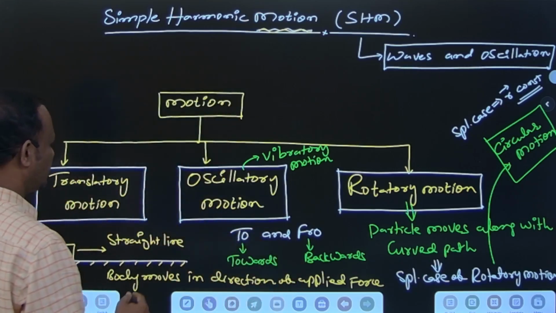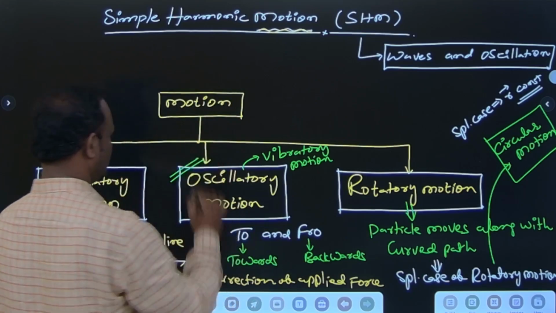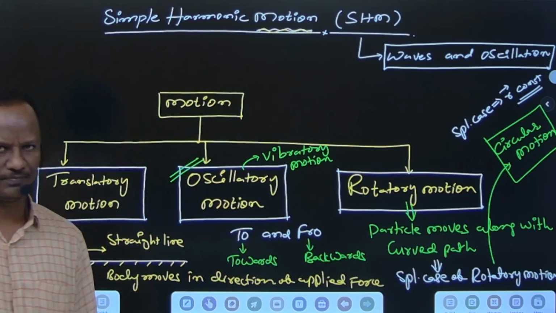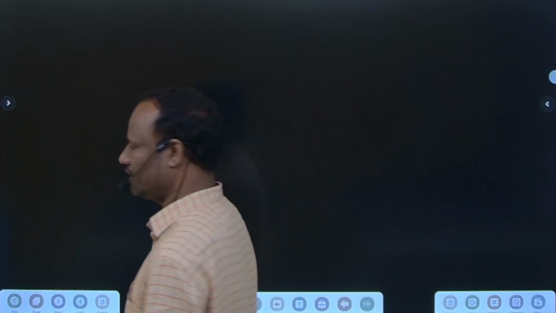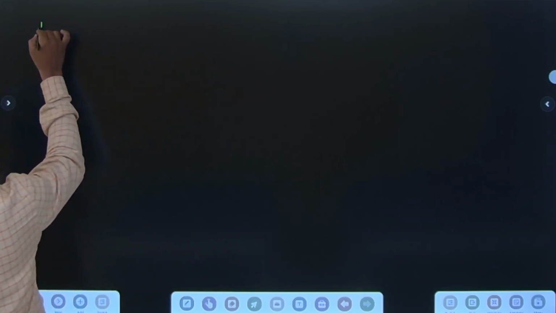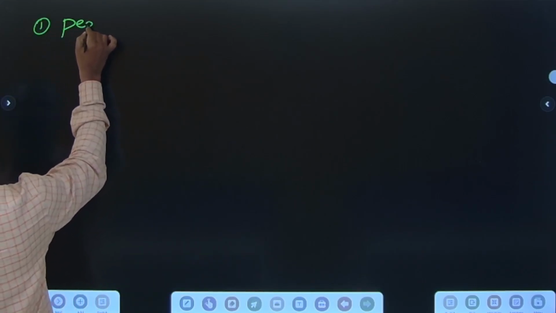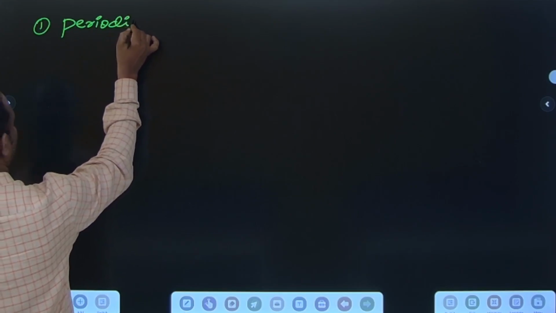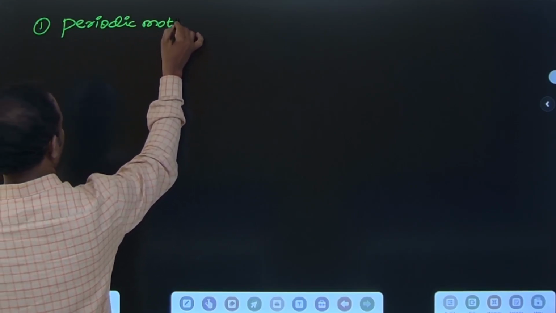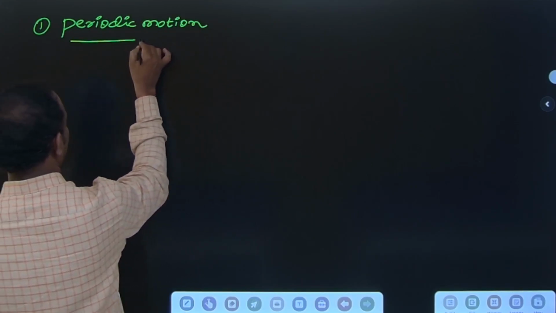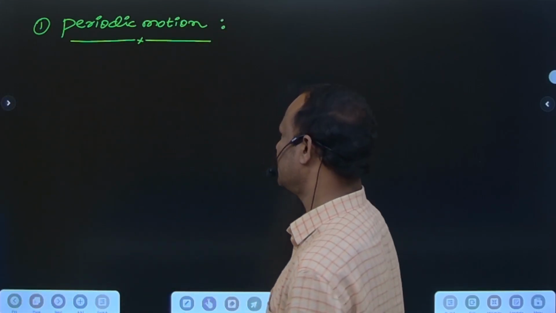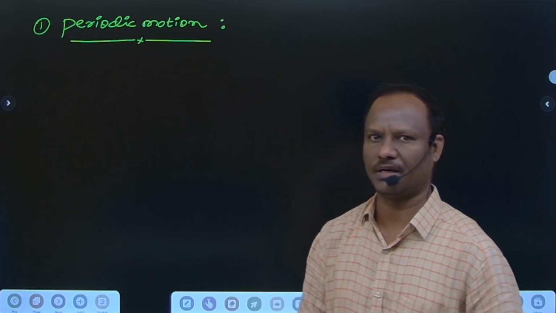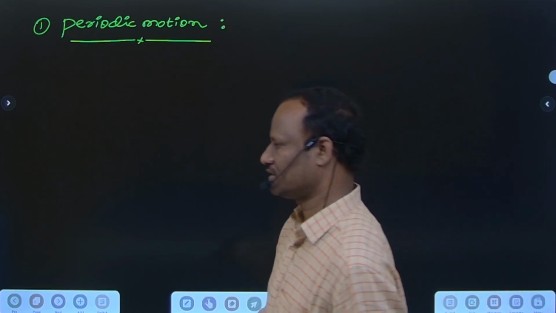So our discussion is about which one? Oscillatory motion, that's vibratory motion. So in oscillatory and vibratory motion, the first condition is periodic motion. What is periodic motion? Periodic motion means if any particle is moving along the same path in equal intervals of time.